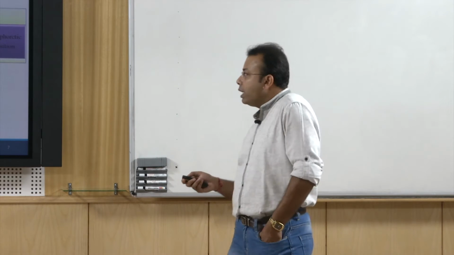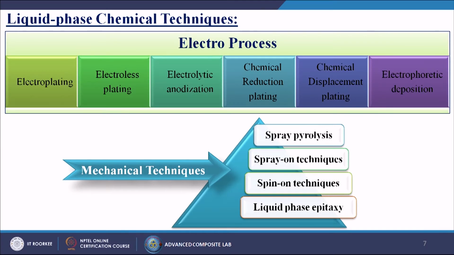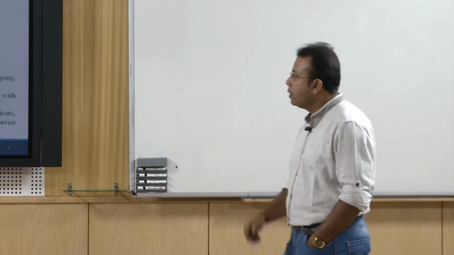These are electroplating, electroless plating, electrolytic anodization, chemical reduction plating, chemical displacement plating, and electrophoretic deposition. There are also certain mechanical techniques available: spray pyrolysis, spray-on techniques, spin-on techniques, and liquid phase epitaxy. These are all the different techniques available.